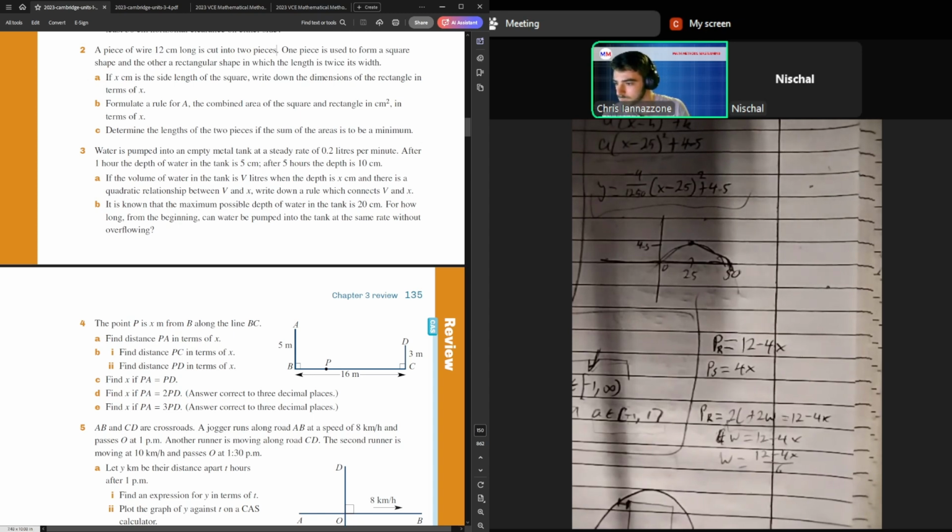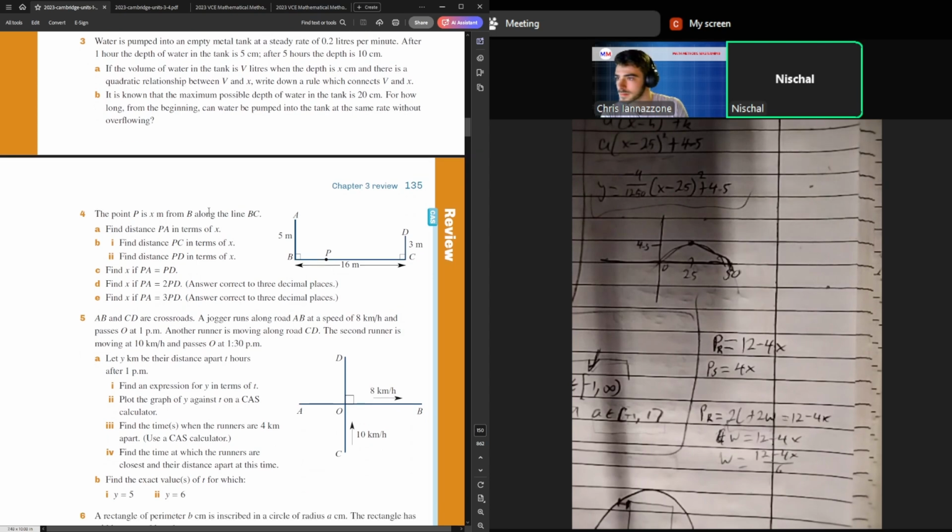Cool, that's that. So I guess now the third question. Water is pumped into an empty tank.